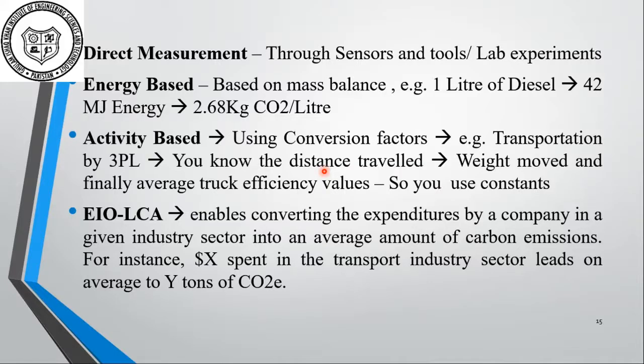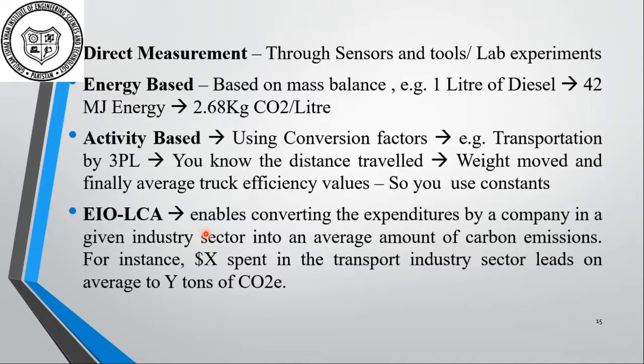You multiply that with conversion factors, and through this mode of extrapolation, you are able to find results relevant to your CO2 emissions. I have not given a more detailed example right now because this is something that we'll be discussing later on in the topic.